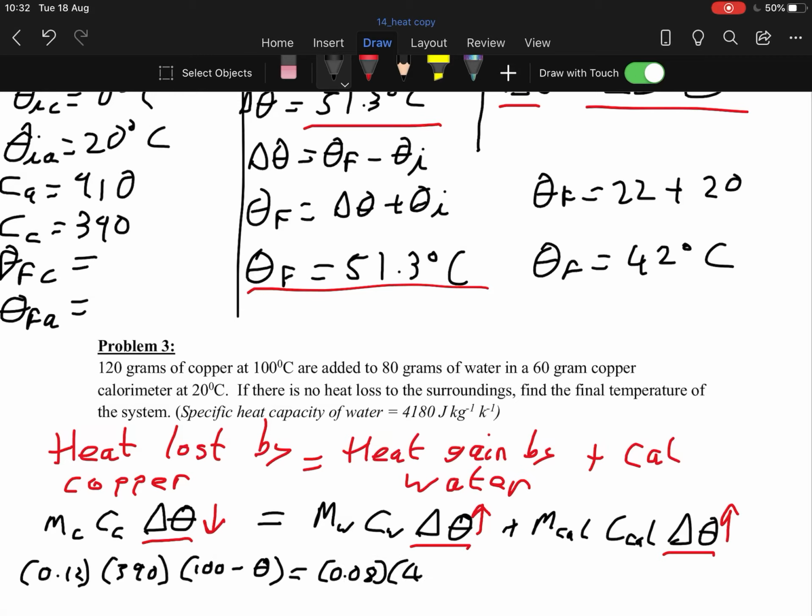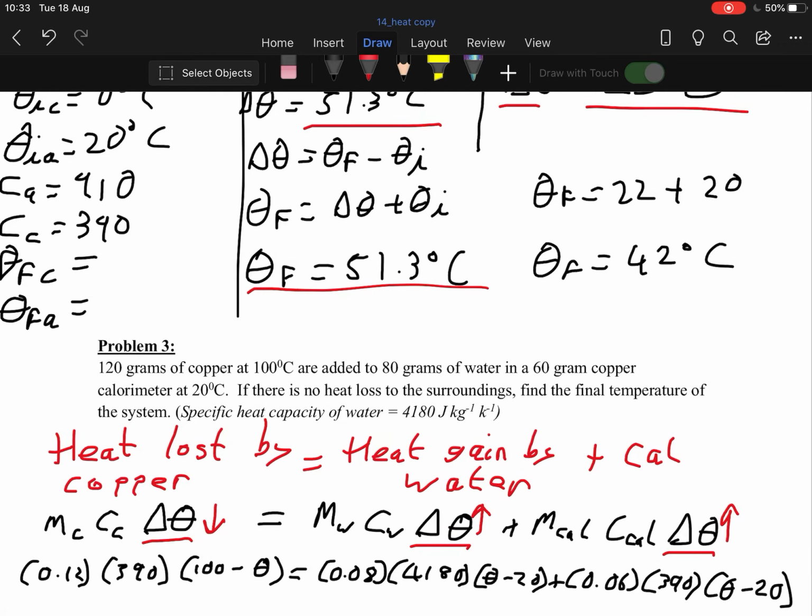Heat capacity of water is 1480. And what do we say for gaining heat? Final minus initial. Mass of the calorimeter, 390. Now, you see? That's why I was telling you, if you're losing heat, initial minus final. If you're gaining heat, final minus initial.